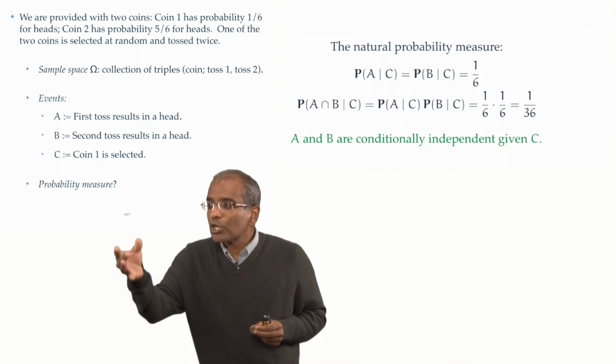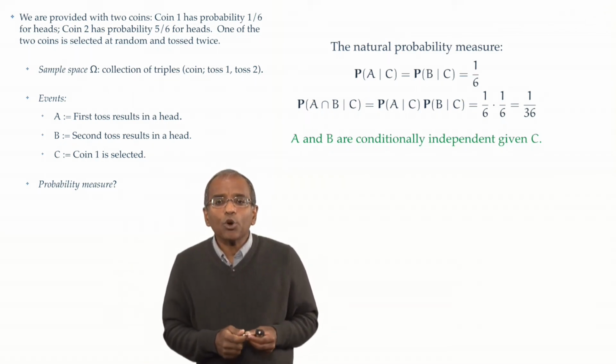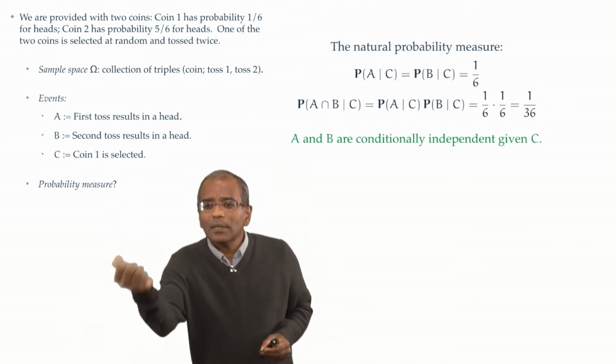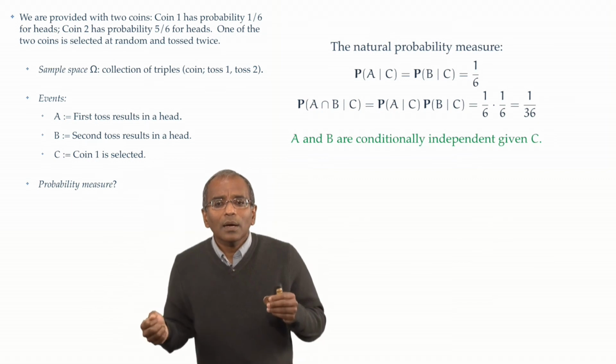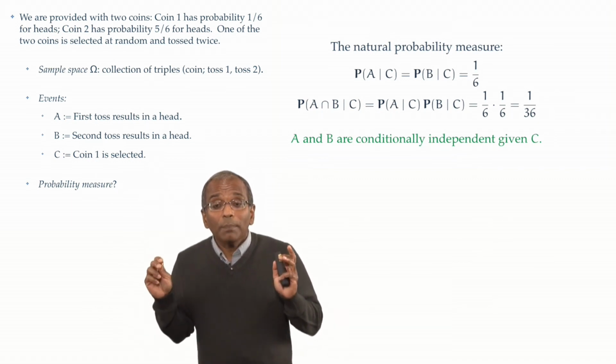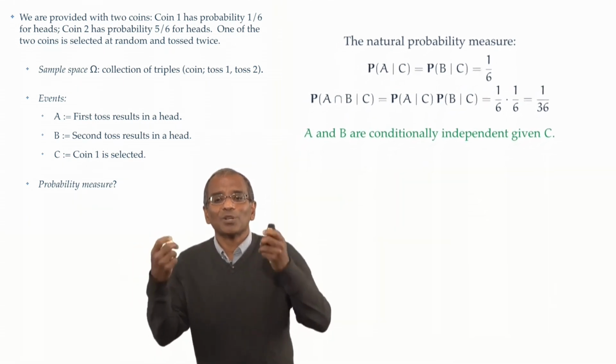So it could be that I chose coin 1 and I got a head. Or it could be that I chose coin 2 and I got a head. Which of these two cases? Well, this is not specified a priori, but implicitly here is a natural partition for the problem.